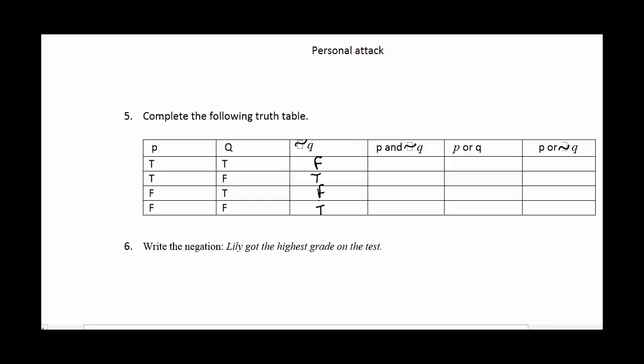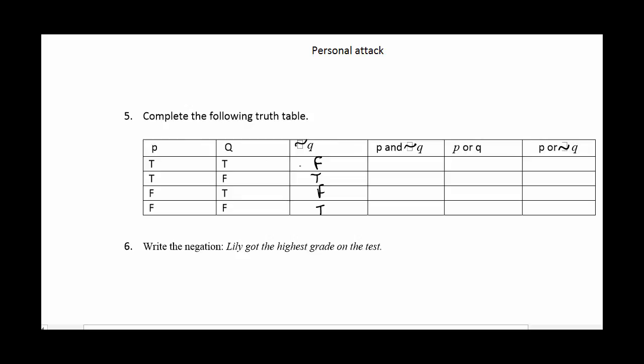Okay, so the only way for a true statement to occur with an and is if both conditions, both premises, are true themselves. So when they say P and not Q, I'm looking for the P column and the not Q column, and I'm looking for T's in both in order for it to be true. And if I see an F anywhere, then obviously it's a false statement.